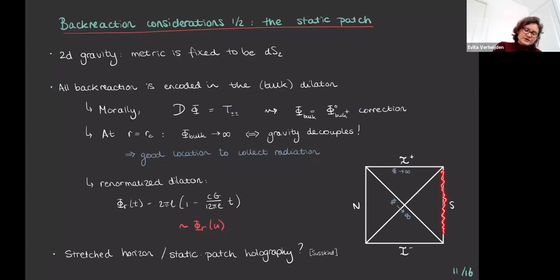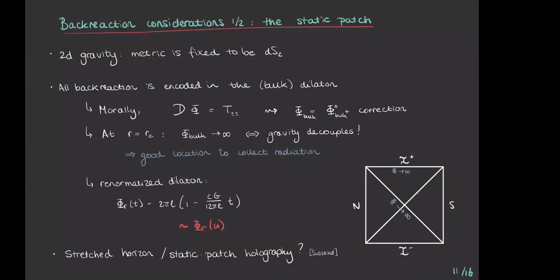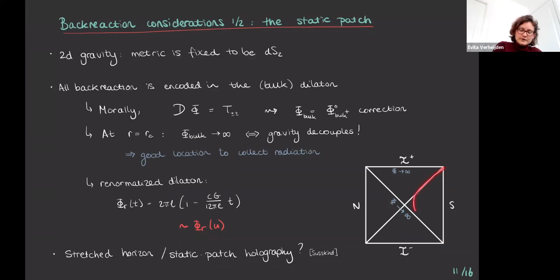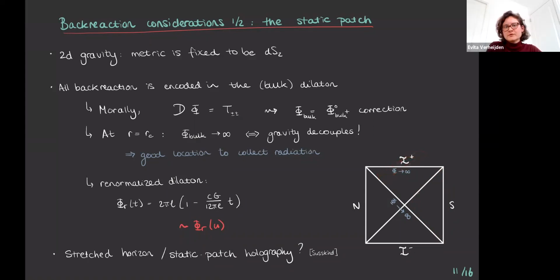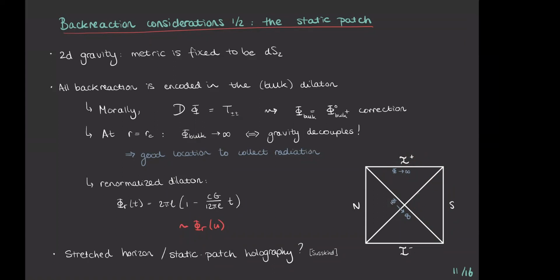If I understand your question correctly, if one would be interested in defining static patch holography, a quantum microscopic description of the static patch, we're saying that this seems to indicate that the degrees of freedom live here. But that's not relevant for the observer at future infinity. Did I answer your question?